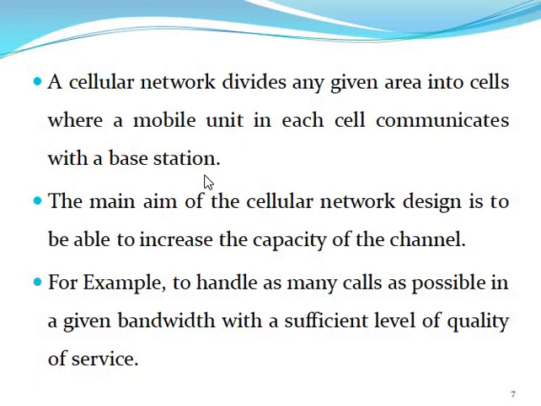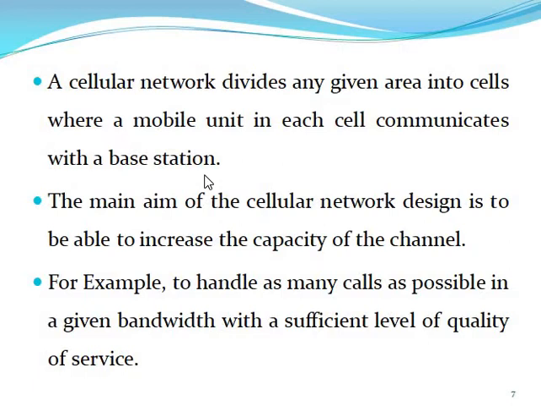The main aim of the cellular network is to increase the capacity of the channel. You also need to increase the network capacity because of the number of mobile devices or transmitters in use. For example, it should handle as many calls as possible in the given bandwidth with a sufficient level of quality of service.